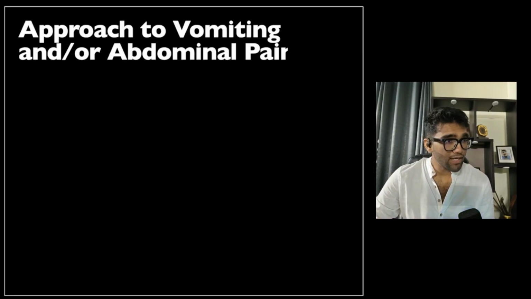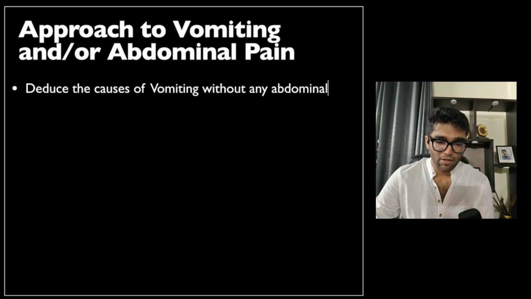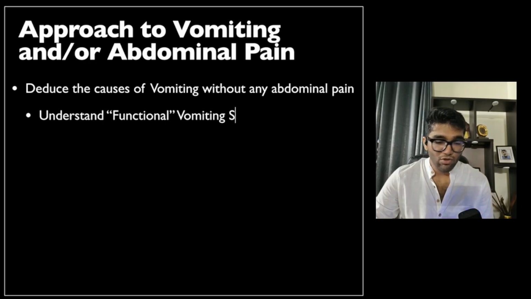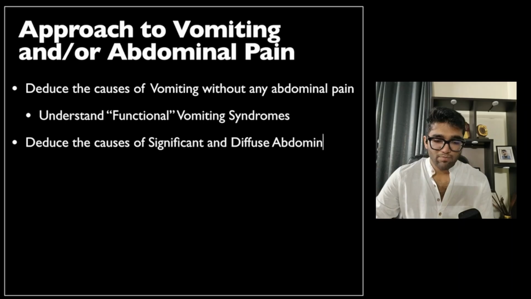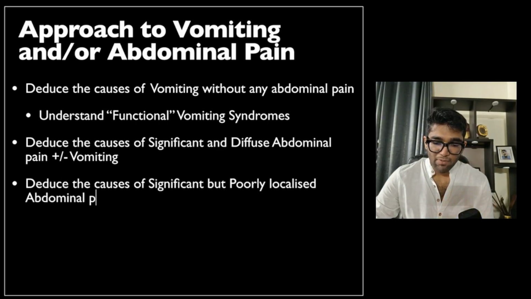In this discussion, we'll try to deduce the causes of vomiting without any abdominal pain. We'll try to understand what is called functional vomiting. What are the functional vomiting syndromes? Please note functional is in double quotes. We'll deduce the causes of significant and diffuse abdominal pain, which may or may not be associated with vomiting. We'll try to deduce the causes of significant but poorly localized abdominal pain, which again may or may not be associated with vomiting.